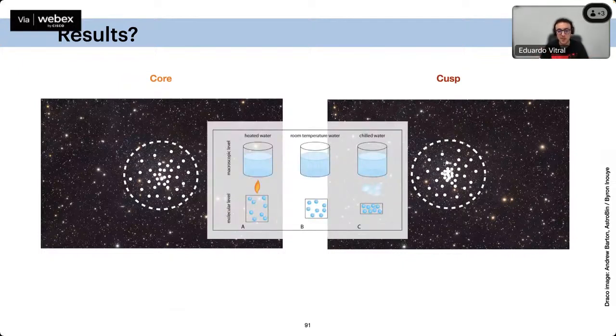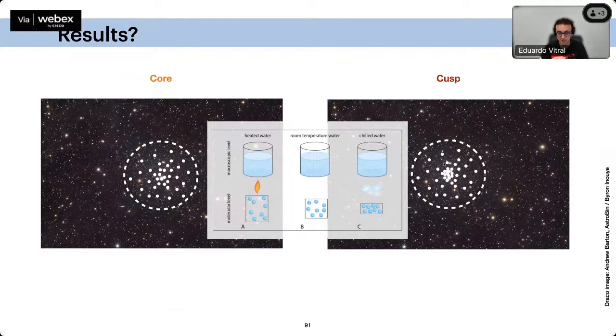Imagine a glass of water that you're heating so it's getting very close to its boiling point, but it's still liquid. At the molecular level, the water particles will be interacting with each other, moving much faster, and more importantly, spreading out, trying to loosen up from the rest of the water particles.